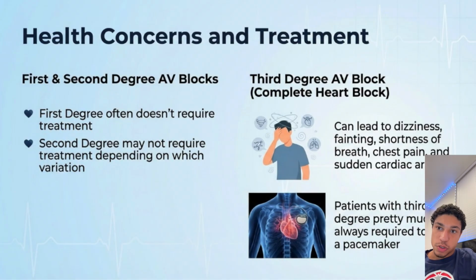Mobitz type 1 is usually less serious and usually just requires monitoring, but doctors could recommend a pacemaker. Type 2 is more dangerous because it's unpredictable. At least the first one's predictable, but patients with type 2 are usually required to have a pacemaker. And third degree is, of course, the most serious.